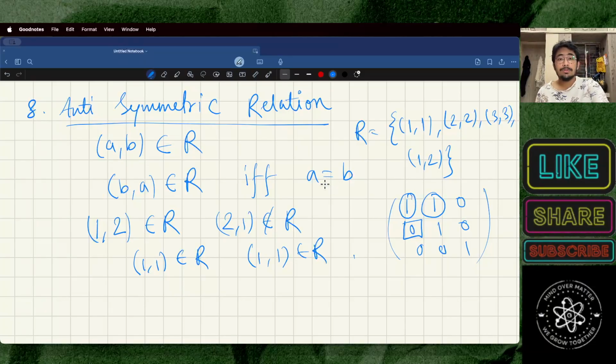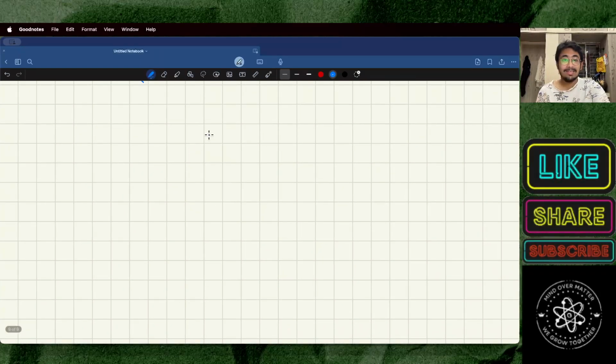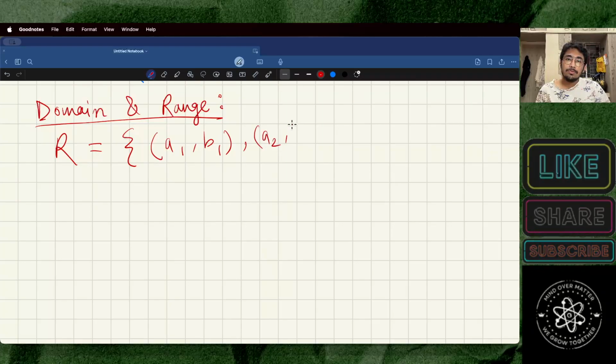Oh, there is one crucial concept about domain and range. Let me change the color. This is very important. Domain and range. Okay, suppose I have a relation that looks like this: a1 comma b1, a2 comma b2, and a3 comma b3.